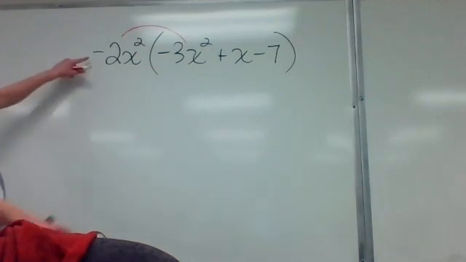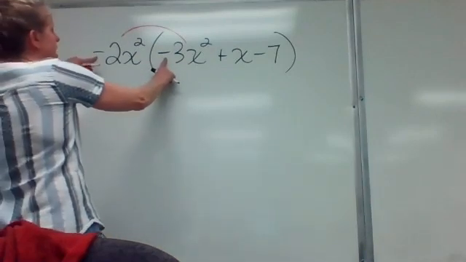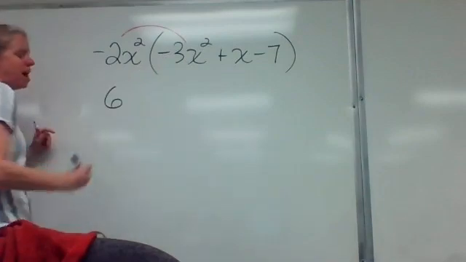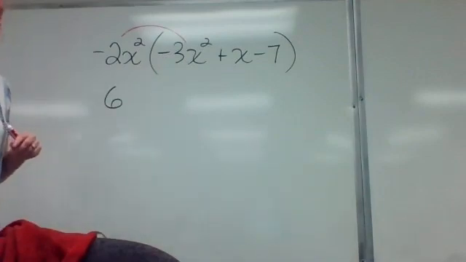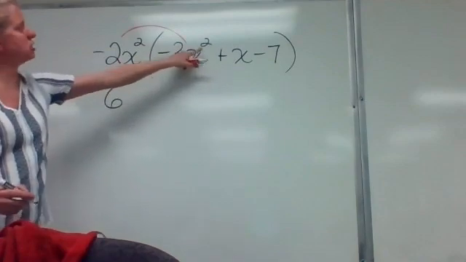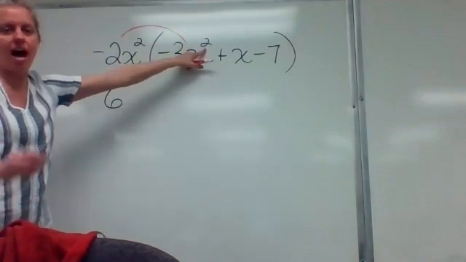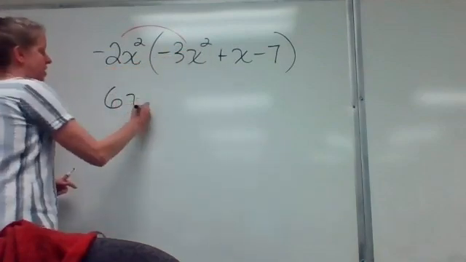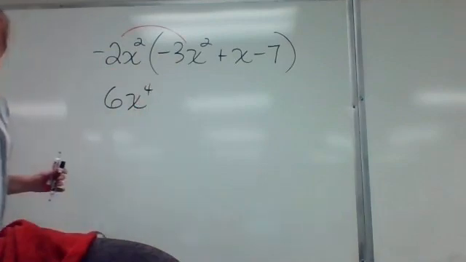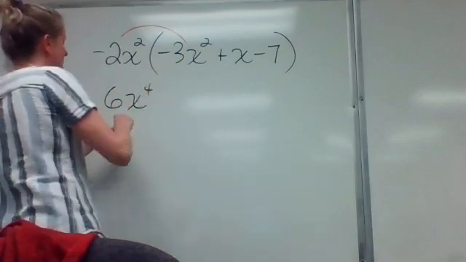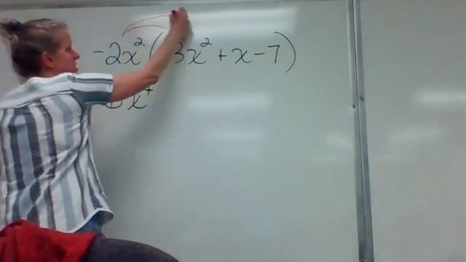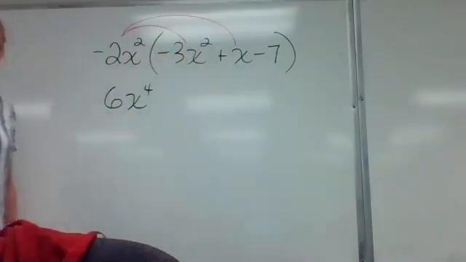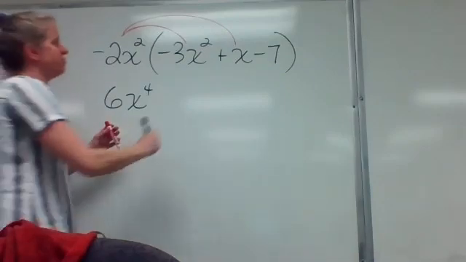So when I multiply here, watch your signs. I've got negative 2 times negative 3, which gives me a positive 6. X squared. So add those exponents, which will give you x to the fourth. So I'm done with the negative 3x squared. And now it goes to the next term, which is just an x. So let's think, what's in front of this x?